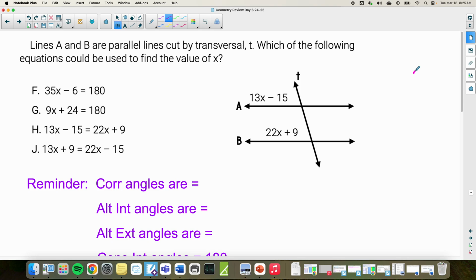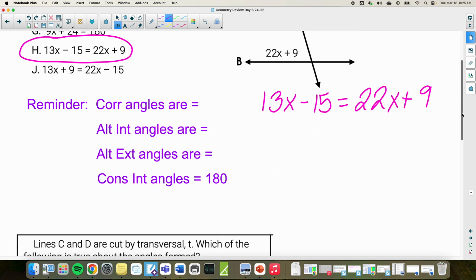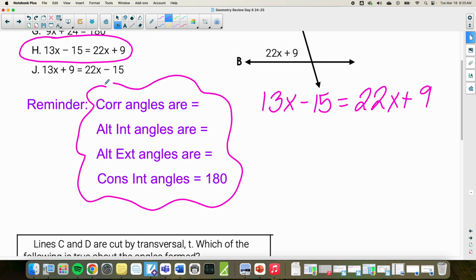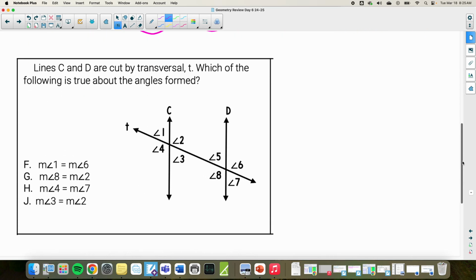So all we have to do here is say 13x minus 15 equals 22x plus 9. In this one, that's all they want. You don't even have to solve it for x. So our answer is just this. Normally it's not that easy. I just summarized those rules real quick, so make sure you know these when you get to the MCA test.